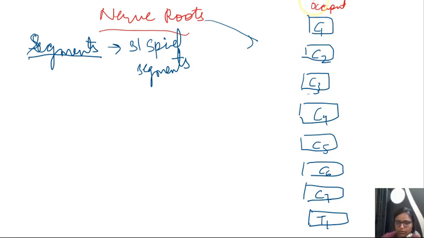We have studied the segments. Now these are the roots, like the branches of a tree are the extension of the tree. So the nerve roots are the extension of your segments.